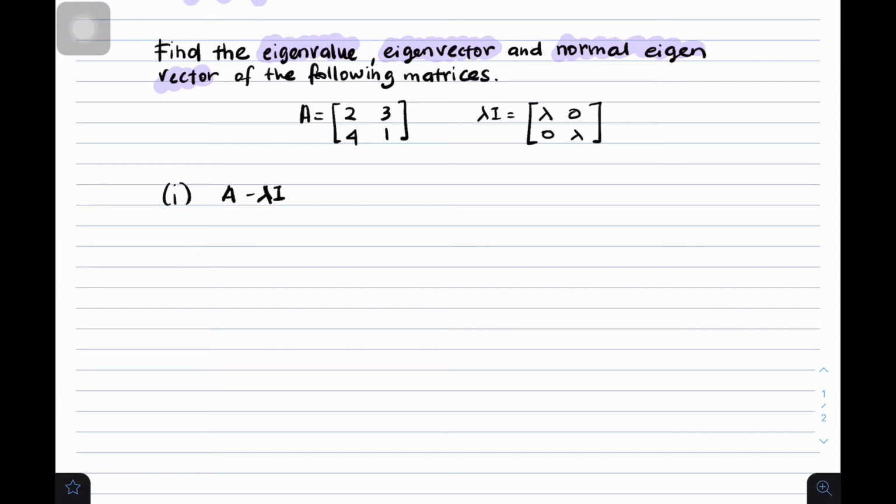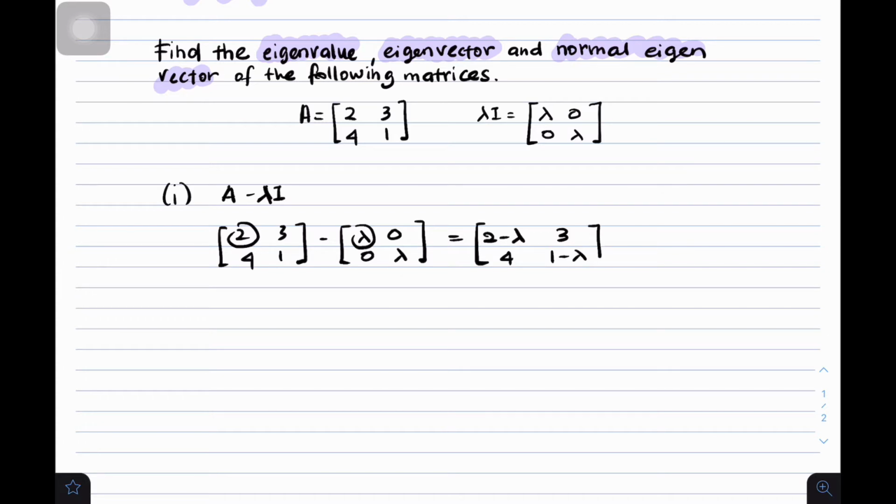So now we need A minus lambda I. We have our A, 2, 3, 4, 1, minus lambda I, lambda 0, 0, lambda. What you will have here is 2 minus lambda, 3 minus 0 is 3, 4 minus 0 is 4 and 1 minus lambda is 1 minus lambda.